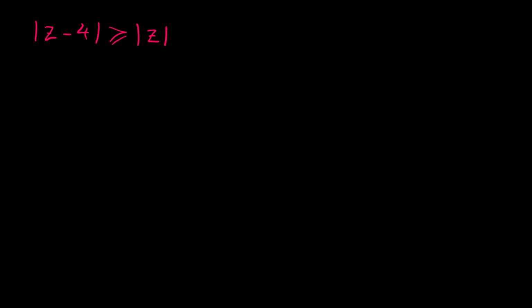What about this equation? Absolute or modulus of z minus 4 greater than or equal to absolute or modulus of z. To answer this question, you have two choices. You can either convert this to an equation in terms of x and y, or you can think of the geometric interpretation of modulus or absolute of a complex number. First, let us start with the geometric interpretation. What is the meaning of this? Distance from point 4.